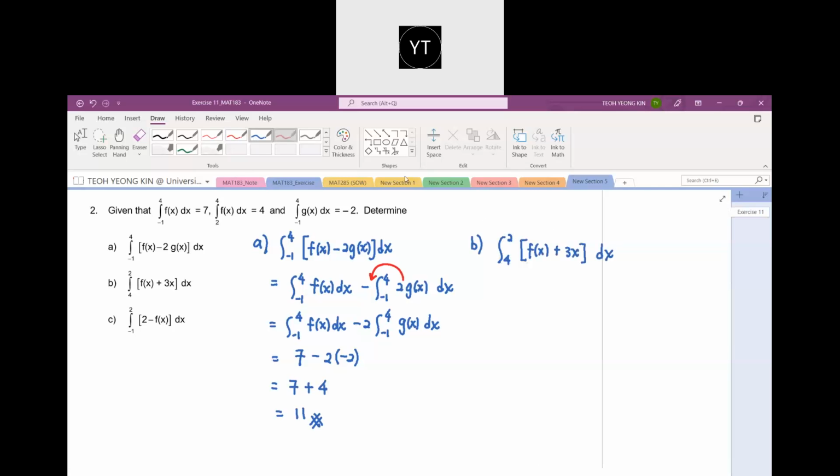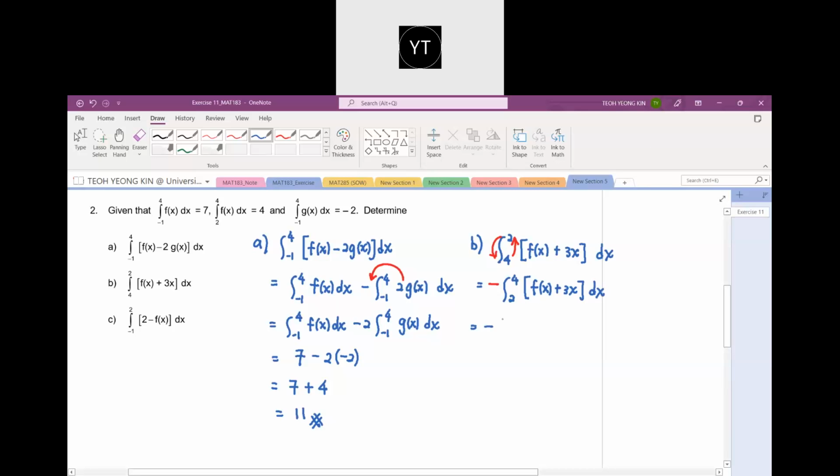If we switch the values, we need to put a negative in front of the integral. So we have negative integration from 2 to 4 of f(x) plus 3x with respect to x. Then we separate into two parts.